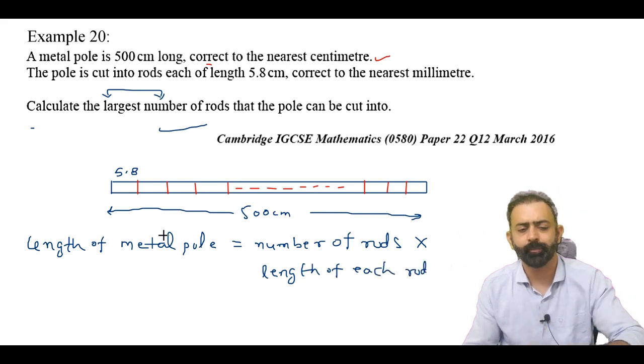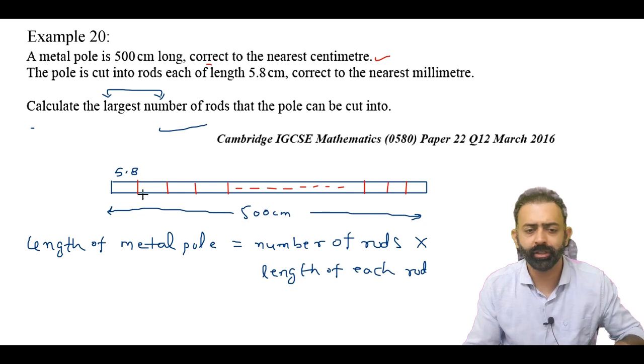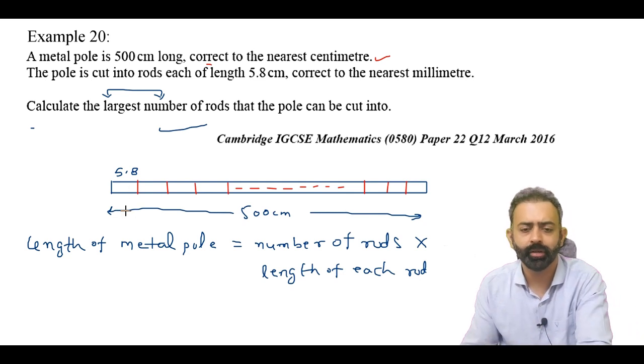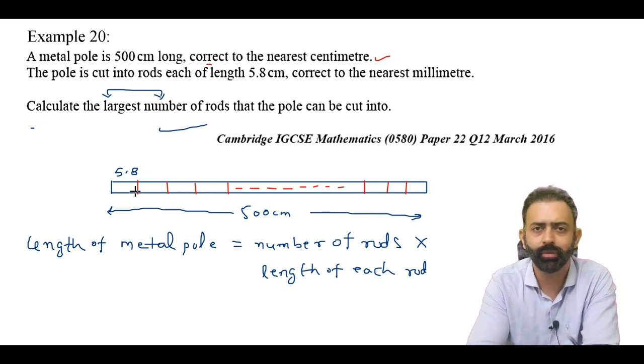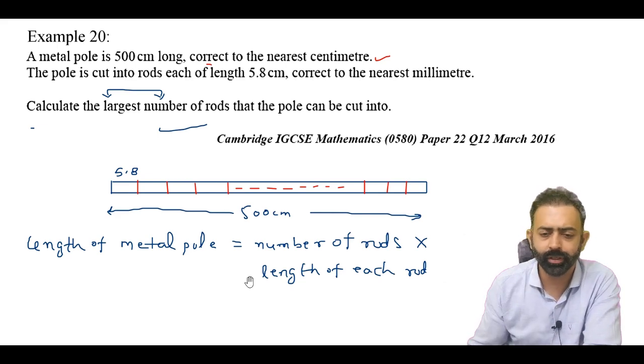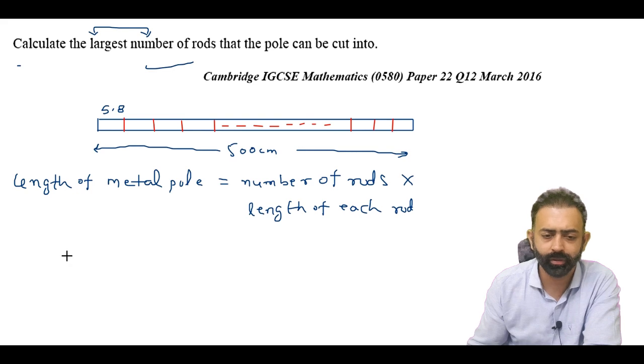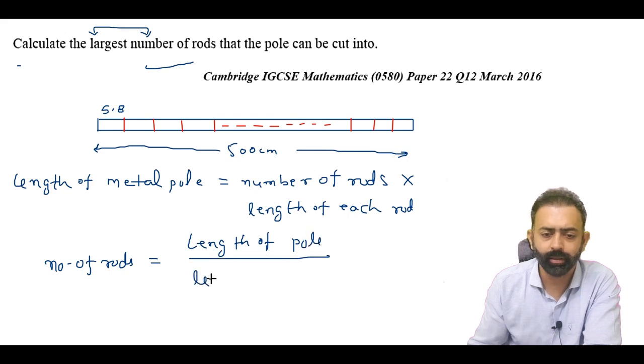The length of each rod multiplied by the number of such rods will give you the length of the whole metal pole. So we need to find the number of rods. So the number of rods is equal to the length of the pole divided by the length of the rod.